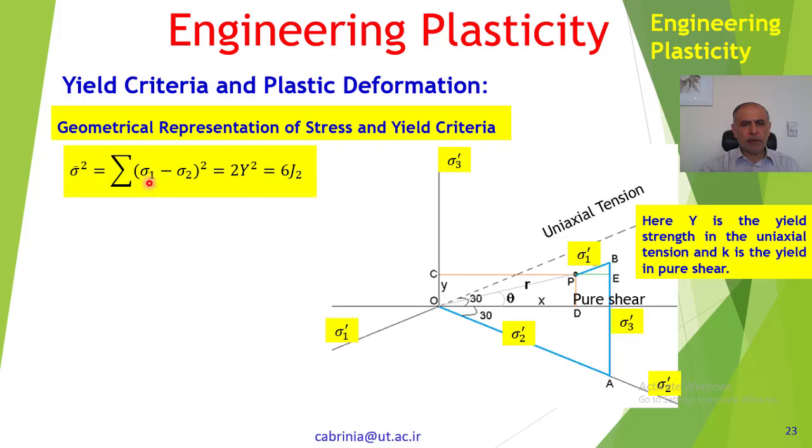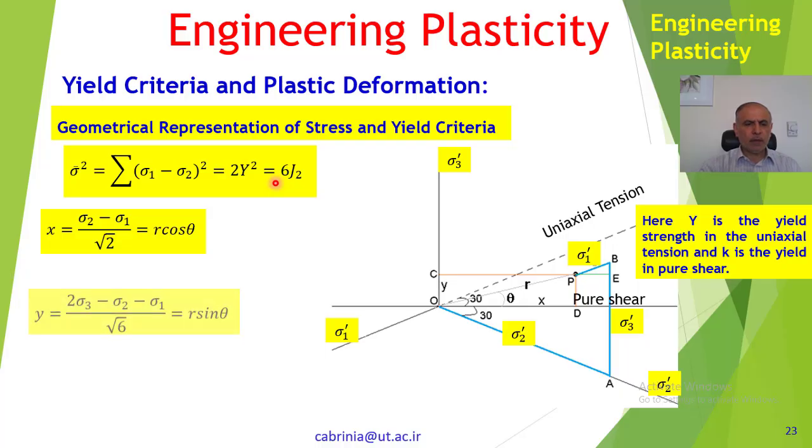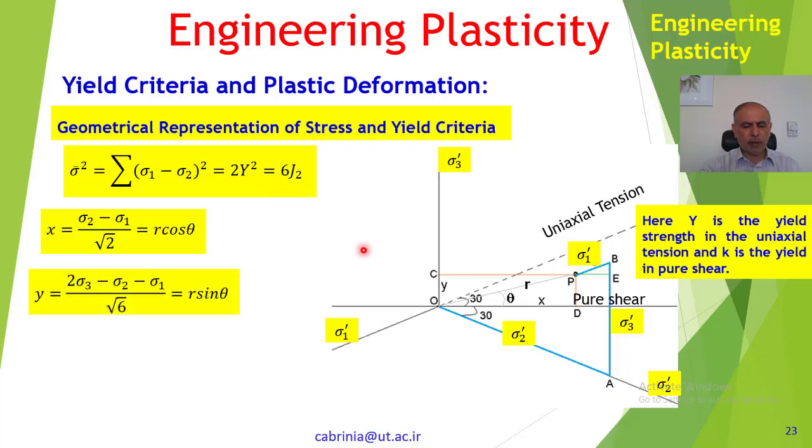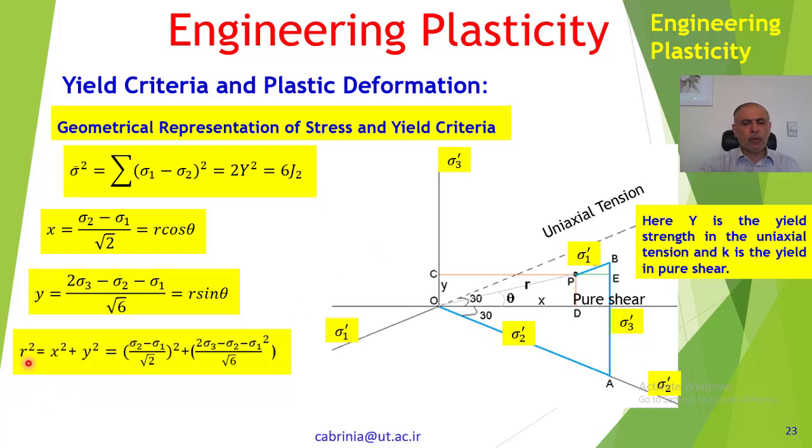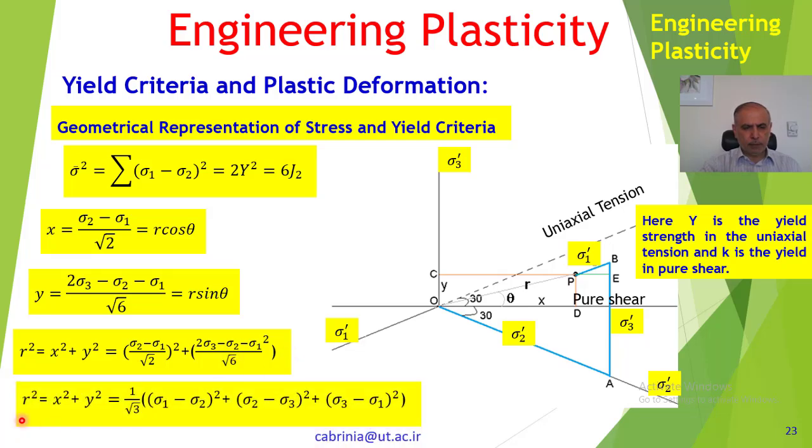Okay, this was the yield function that we had, and these x and y we obtained from previous slides. So we could write r squared equal to x squared plus y squared. We have these two. We substitute here, and therefore r squared is equal to that.